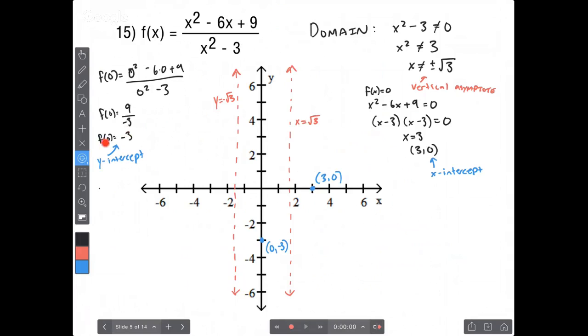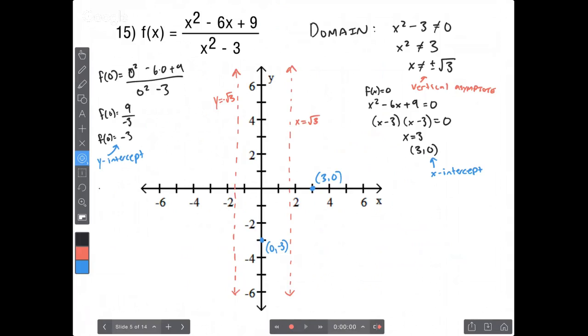So when I plug in 0, I get negative 3, and that's a y-intercept. So you plug in 0 to get the y-intercept. Jasmine, you are welcome, Richard.